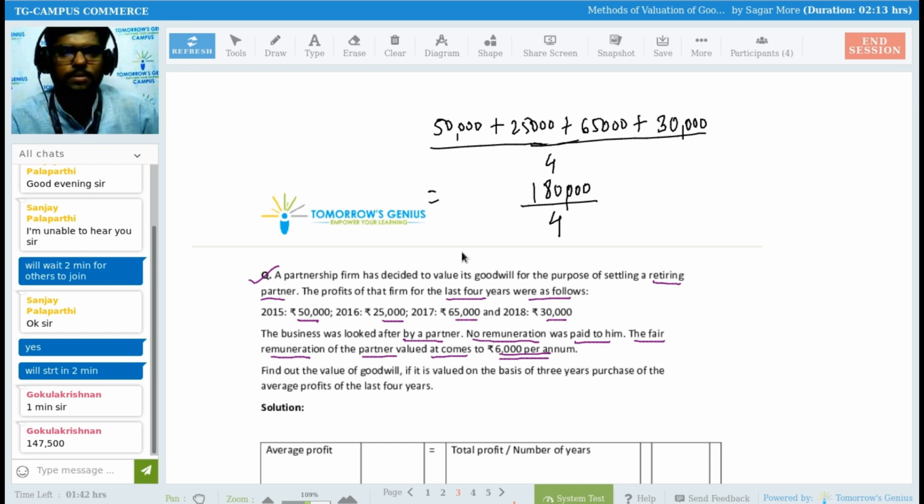Please check once. Yes, 1,70,000. 65 plus 25 comes to 90. 90 plus 30, 120. 120 plus 50, 170. 170 divided by 4.